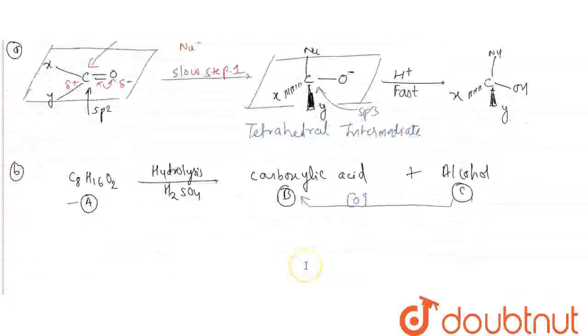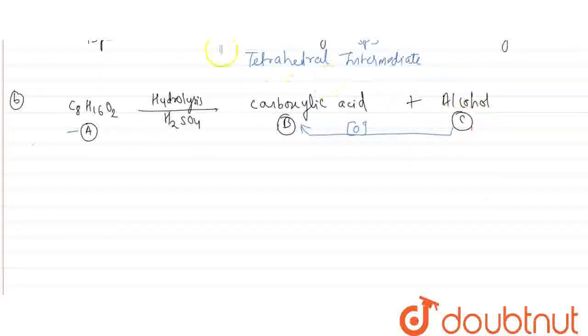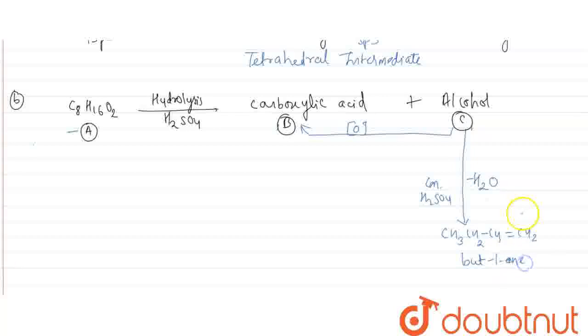Okay, when we dehydrate C, that is when we remove H2O from it, that can be done in the presence of concentrated H2SO4. We will get CH3, CH2, CH double bond CH2, that is but-1-ene. Okay, this is the last given.